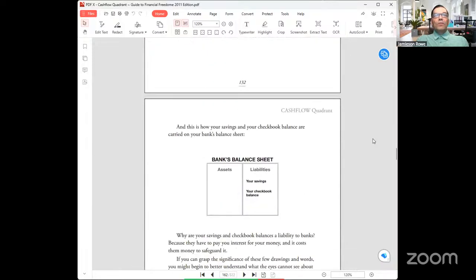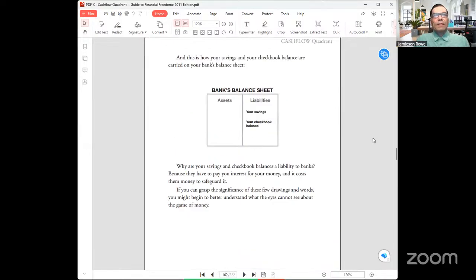And this is how your savings and your checkbook balance are carried on your bank's balance sheet. They're liabilities to the bank, your savings and your checkbook. Why are your savings and checkbook balances a liability to banks?